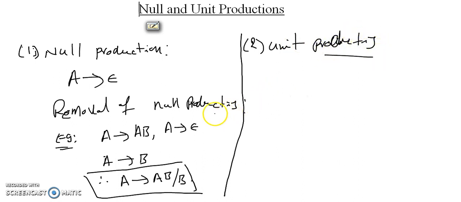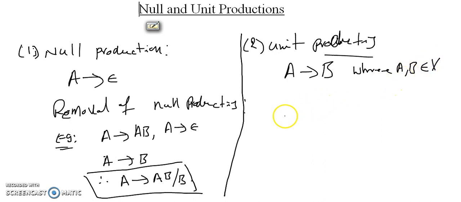The unit production is a production of the form where a single variable generates a single variable, where capital A comma B belongs to capital V, the variables. So the removal of unit production.